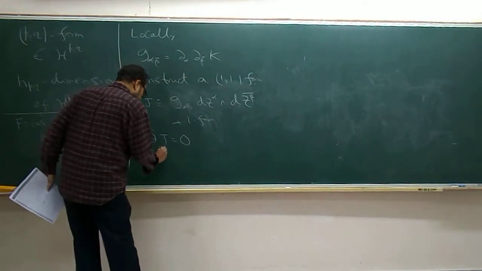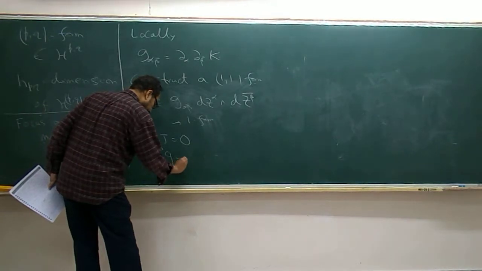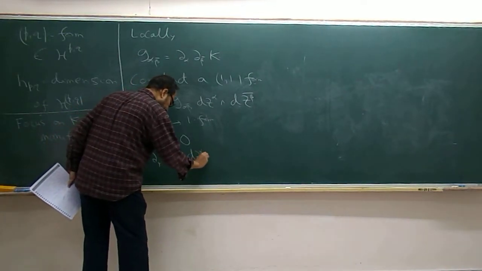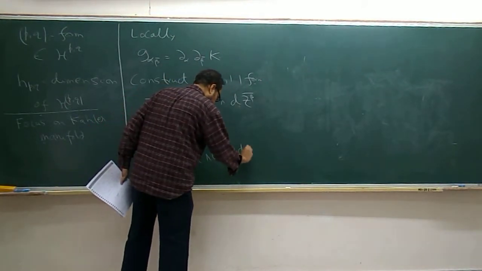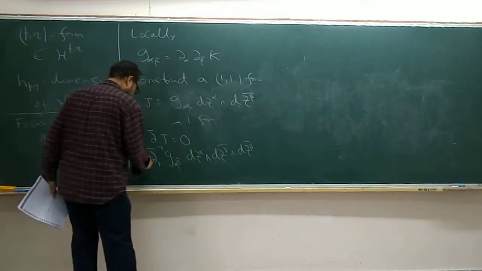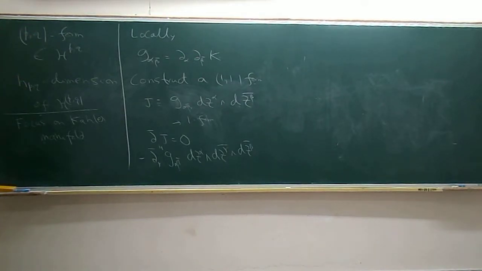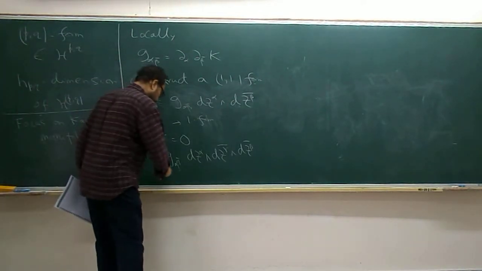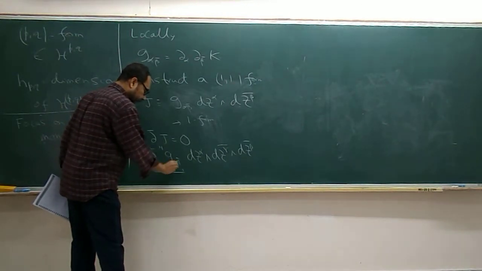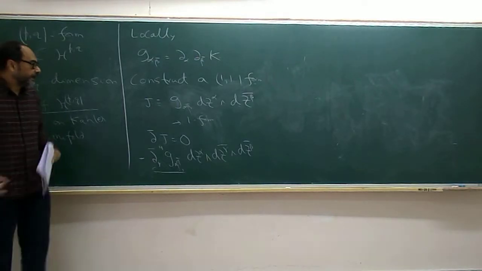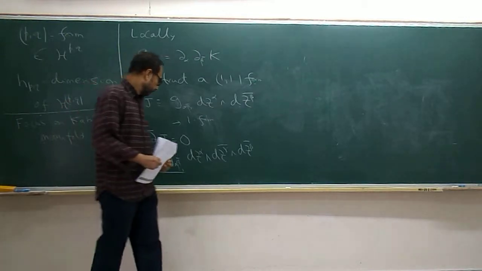So this is ∂_γ̄ g_{αβ̄} dz̄^γ ∧ dz^α ∧ dz̄^β, with a minus sign because we take the ∂̄ through the dz^α. And this is 0 because you have to antisymmetrize in γ̄ and β̄, and you already have a ∂_β̄ here. So this is 0.